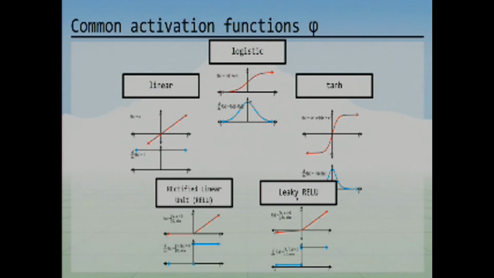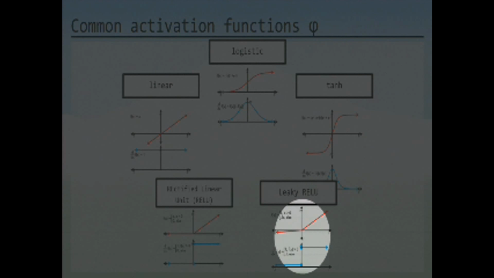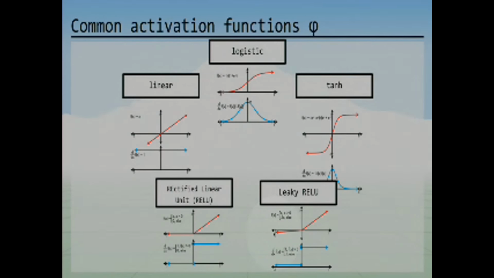So people also use this leaky version of ReLUs, where we're going to have f of x equals x if x is positive, and f of x equals 0.1 of x if x is negative. And that preserves some gradient information no matter where you are in this domain.